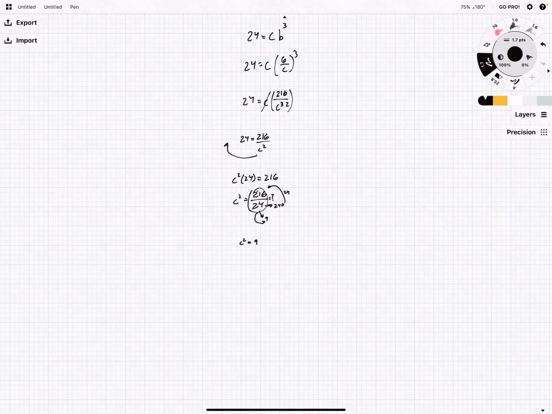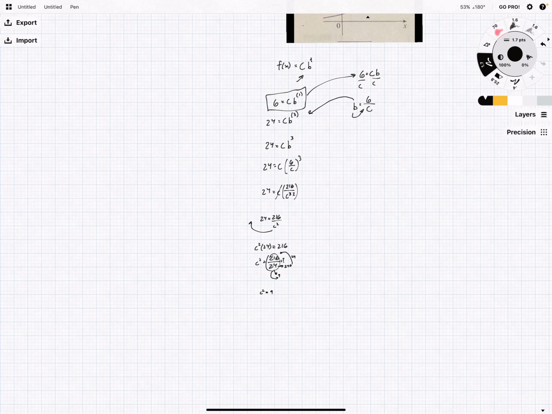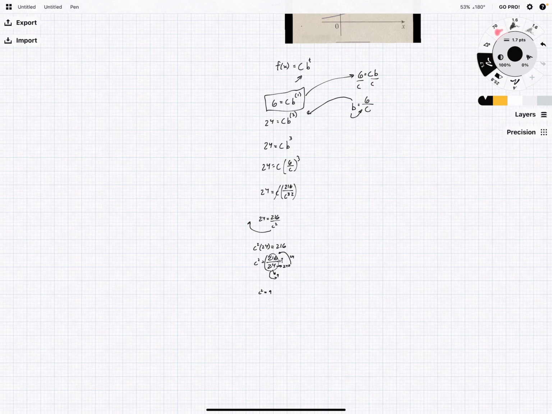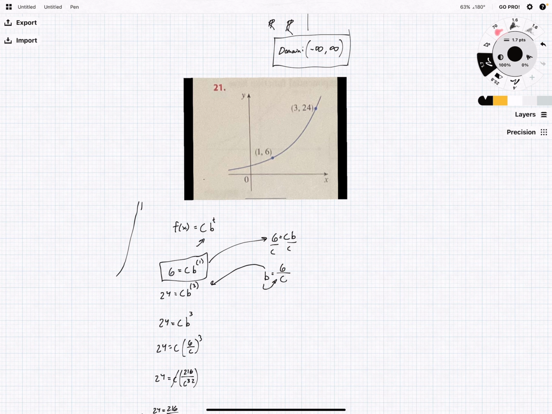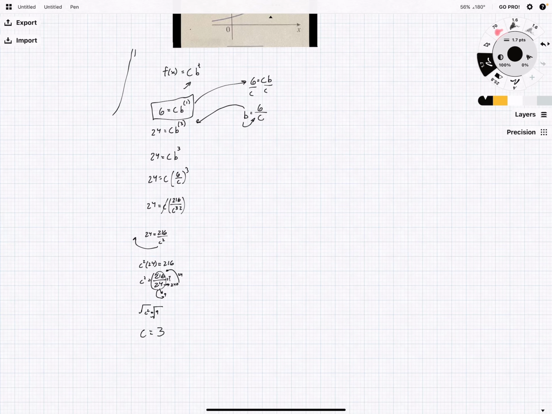Okay. And the next thing, normally I would stress quite a bit, plus or minus when you're solving for c, right? Because you could square root both sides. Say c equals 3. Of course, you would want to check plus or minus, but the general trend of the graph is shown here. So we know it's going to be the positive version of 3.